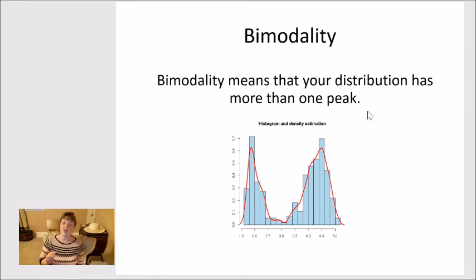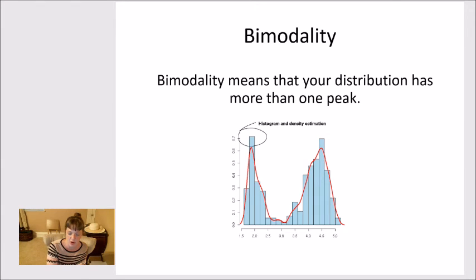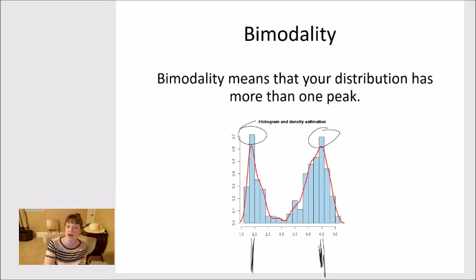Now, this is my bimodal distribution. Just like a bicycle has two wheels, a bimodal distribution has two modes. It has two scores that are the most common. In this case, I have a mode at 2, and I have a mode at 4.5. Two modes. Now, this graph is roughly symmetrical.